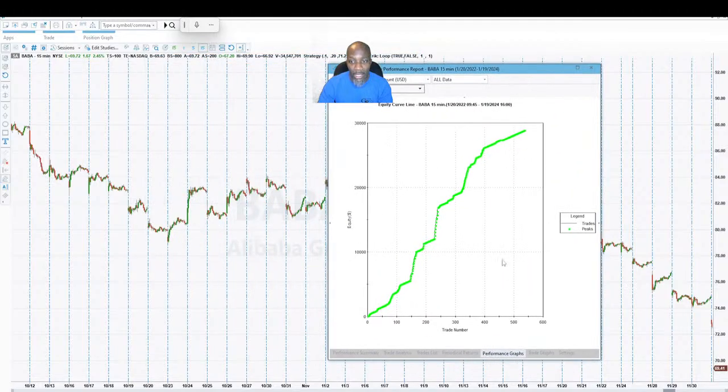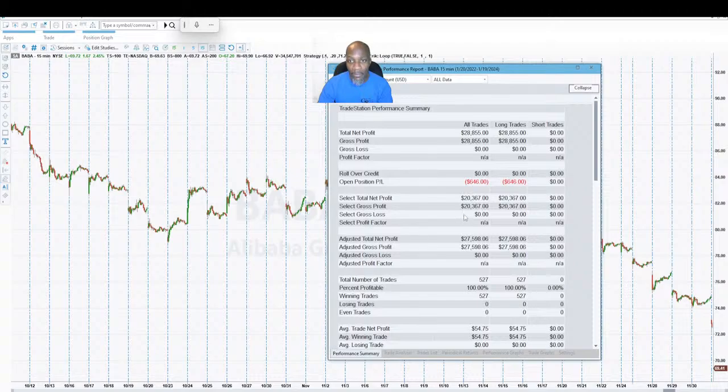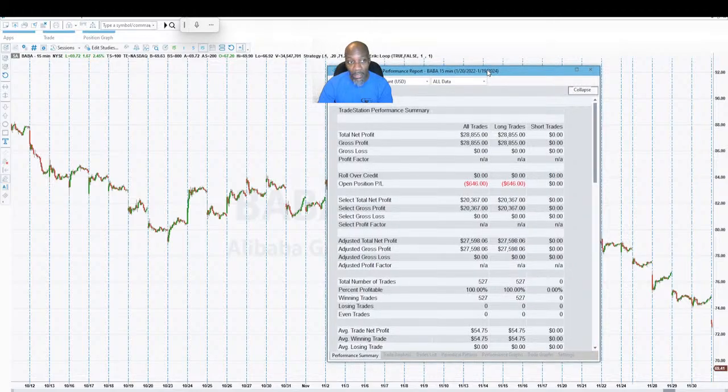Yep, $30,000 there. $30,000 in your open position is only 646. And that is back through January of 22. So essentially 2 years.